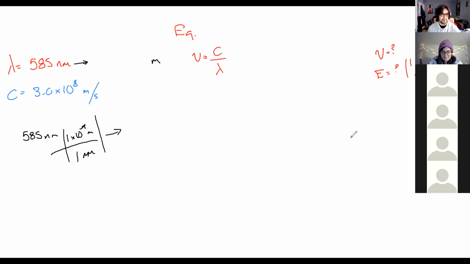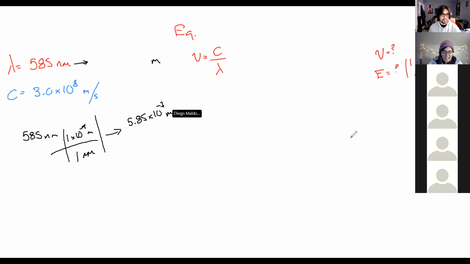What number do we end up getting once we calculate it? Is it 5.85 times 10 to the negative 7 meters? Yes, 5.85 times 10 to the negative 7 meters.